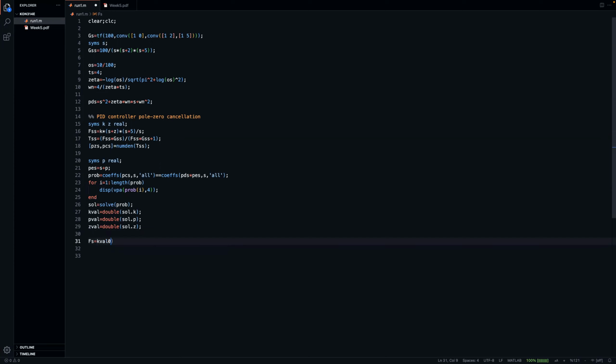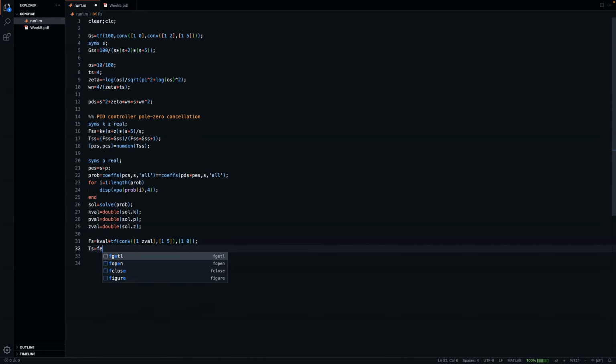It should be kval times tf, and we know what the zeros are, so a little convolution would help here so that we multiply these. So we have zval here, the value of z, and then we have 1 and 5 because we've chosen 5. Yep. So this is basically our controller. Then we have fs times gs, comma 1.